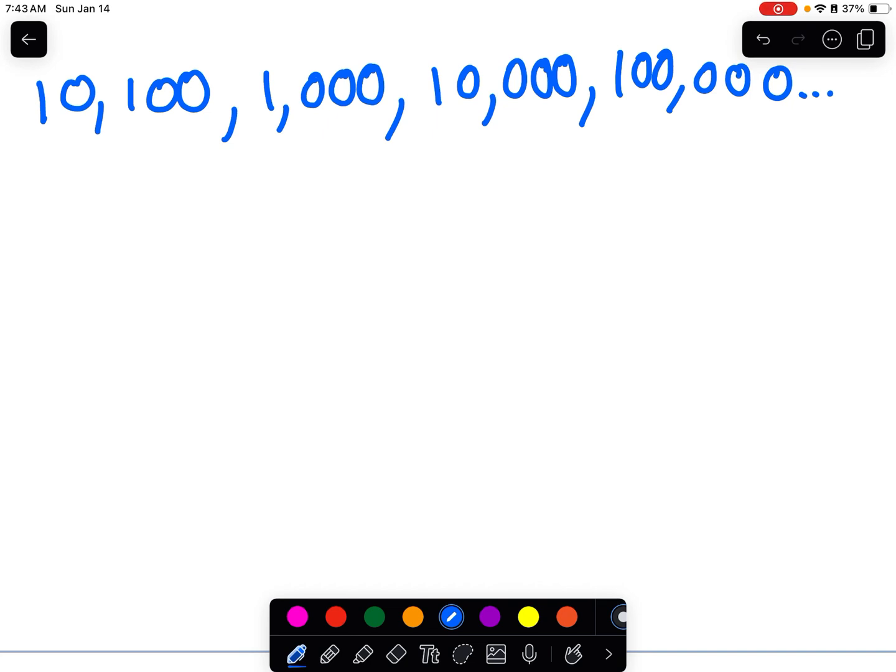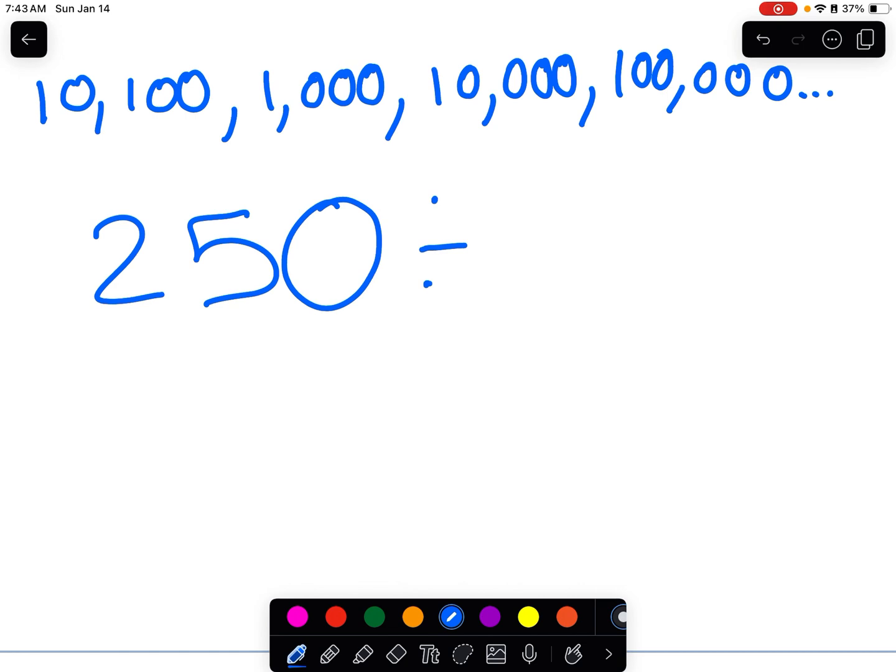Let's say you have the number 250, and you want to divide it by 10. The simple rule is that you are going to move the decimal point. A lot of times whole numbers don't have decimal points written with them, so you can just insert it.